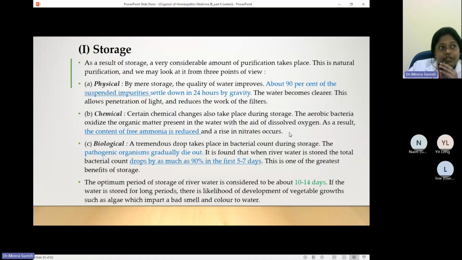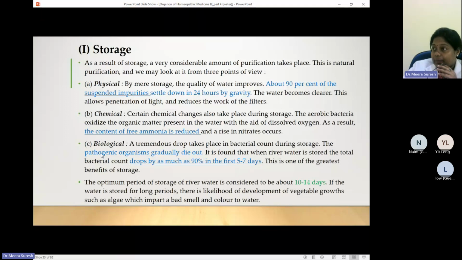So for example, if it is sewage or sullage coming from agricultural lands, because in agricultural land they use fertilizers which are rich in nitrogen, which means ammonia may be there. When this storage is taking place, the bacteria will be breaking down this ammonia, and it will be changed into comparatively harmless or innocuous nitrates. So even this chemical change is happening during the process of storage.